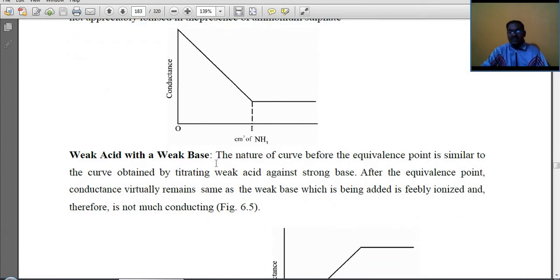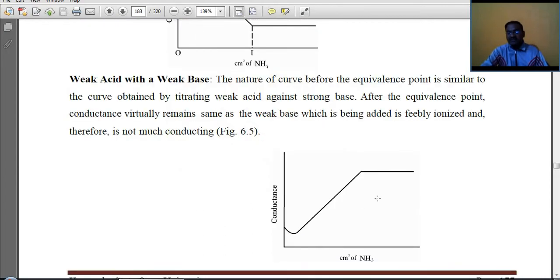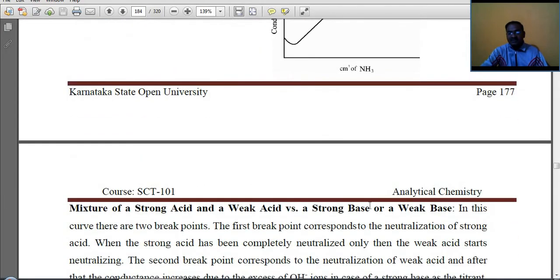In weak acid with weak base, the nature of the curve before the equivalence point is similar to the curve obtained by titrating a weak acid against a strong base. After the equivalence point, the conductance virtually remains the same, as the weak base being added is feebly ionized and therefore not much conducting. Like that, this graph is obtained.